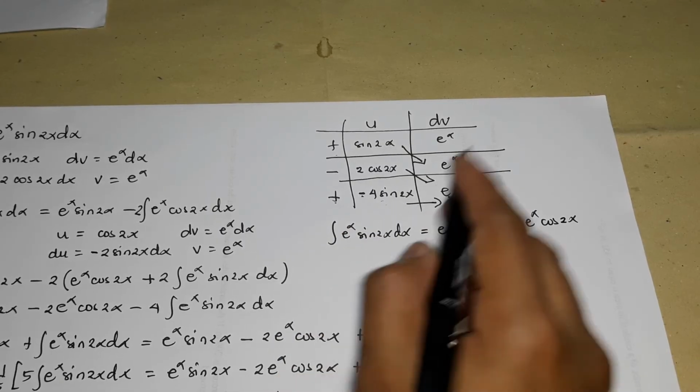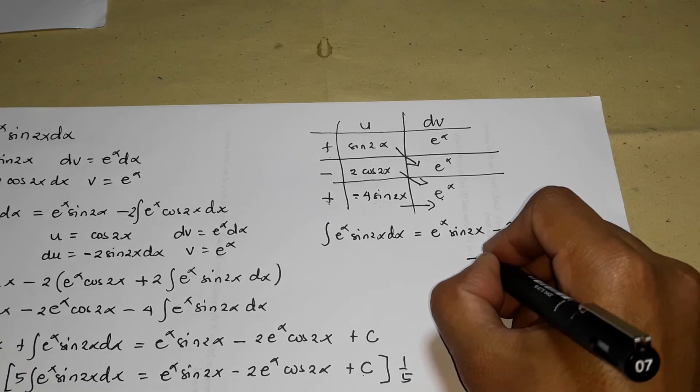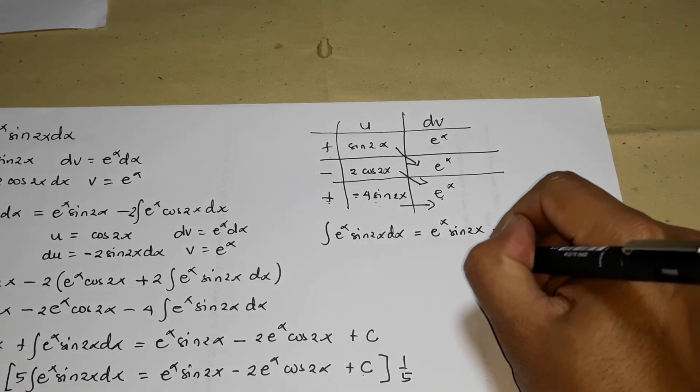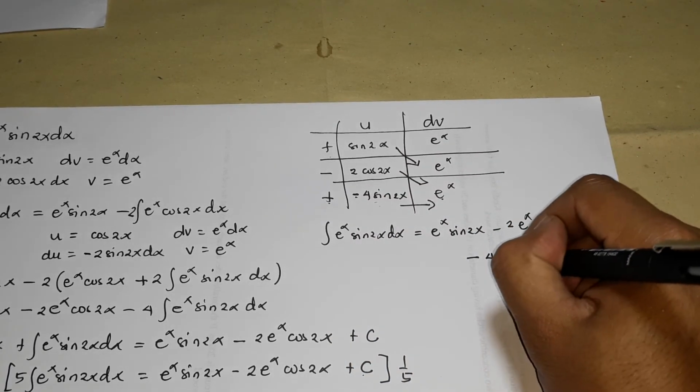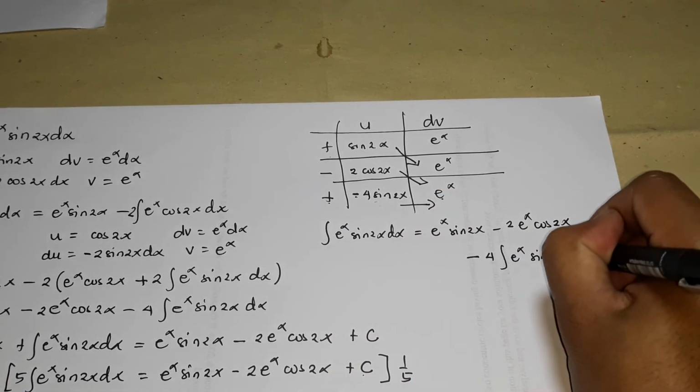So you just multiply these two, so you will have negative 4 integral of e to the x sine 2x, and then you now affix the dx.